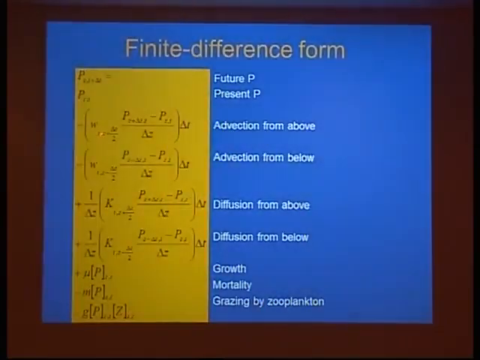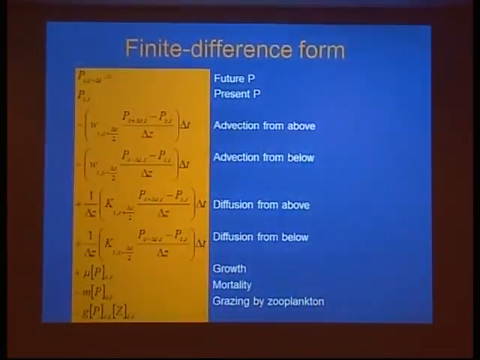Then you add or subtract what's coming from above and what's coming from below. Okay? And then you add the biological sources and sinks. So under those environmental conditions, what's happening to this phytoplankton? Is it growing? Is it dying? Is it being replaced by zooplankton? So this way you can estimate what's going to happen in the next time step.